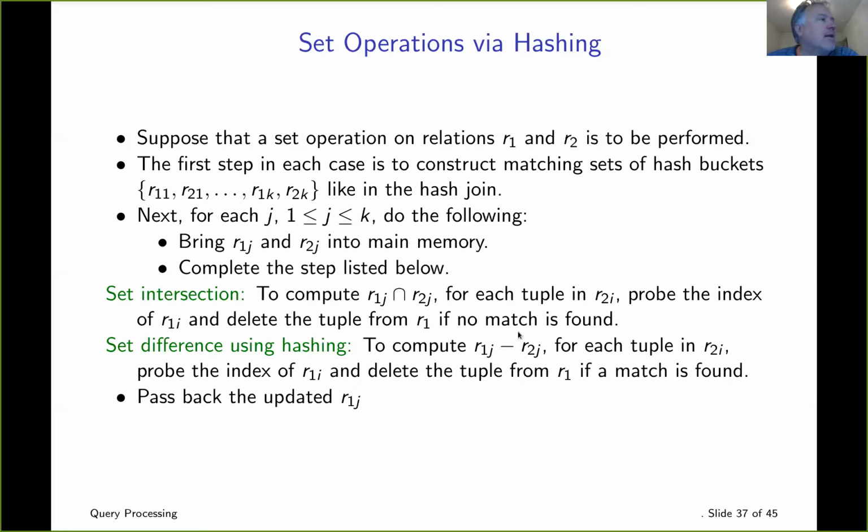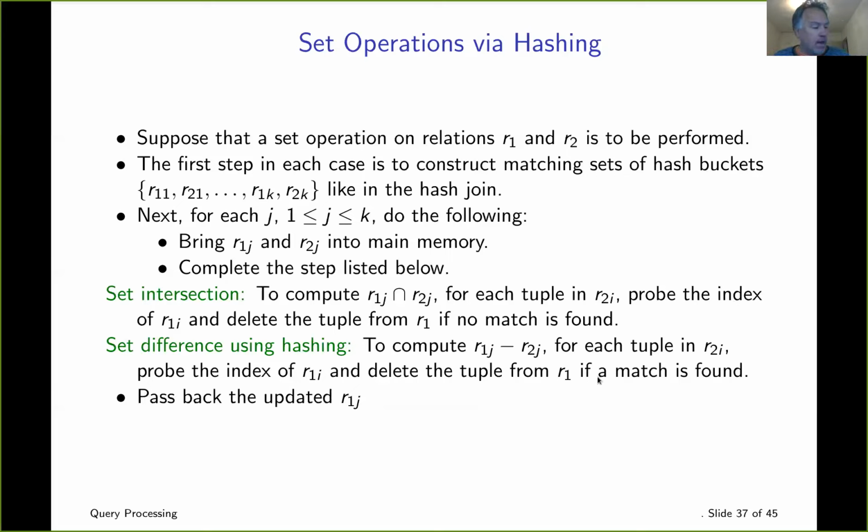So in my set, I probe one particular hash bucket that has the value E, and then I probe the other corresponding bucket for the second relation, and it has E in it for the pair that I'm looking at. Then I get rid of E in R1, and then I pass back the updated R1 as the answer. So this is a way in which you can do these set operations.